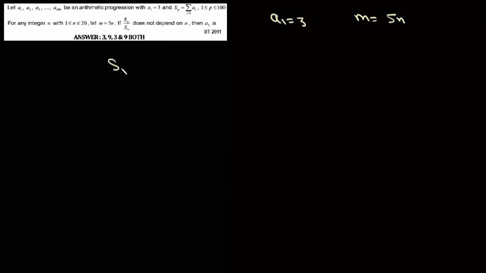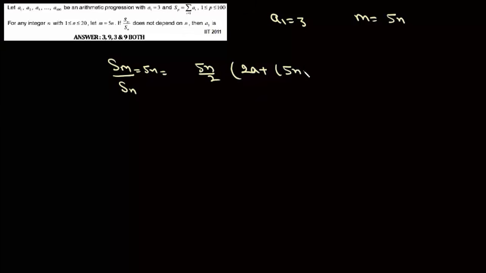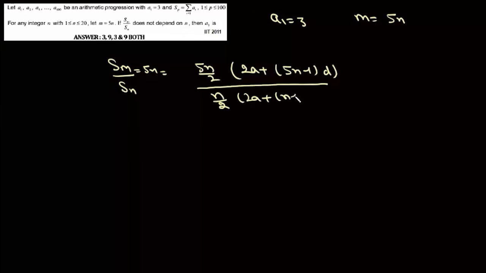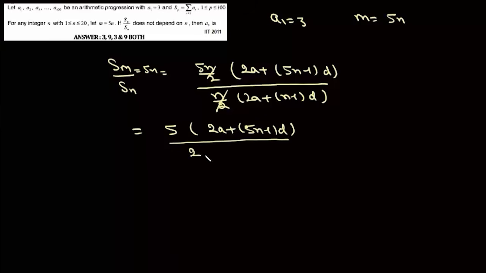Now we need to find this ratio Sm by Sn, and m in this case is 5n, so we can write 5n by 2 times (2a plus (5n minus 1) into d), and this is n by 2 times (2a plus (n minus 1) into d). Now n by 2 will cancel, so we'll get this as 5 into (2a plus (5n minus 1) into d) upon (2a plus (n minus 1) into d).